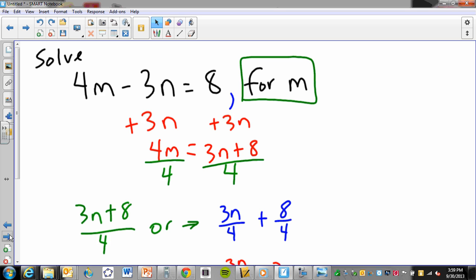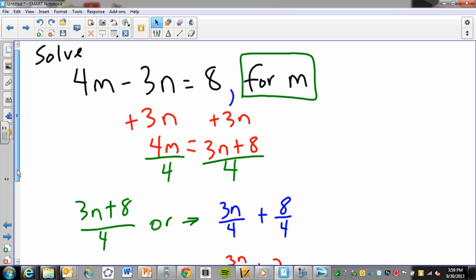Now 3n and 8 don't go together because one has a variable and one does not. So all we are left with is 4m on this side and 3n plus 8. Got to leave it like that. Now we're just down to getting rid of the 4. If it's 4 times m, let's divide both sides by 4, and you'll get 3n plus 8 over 4.